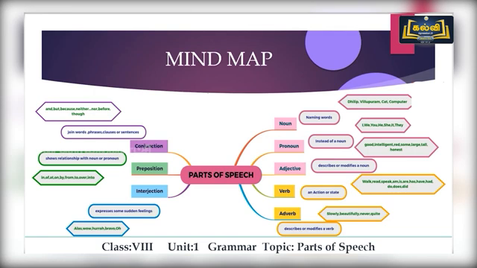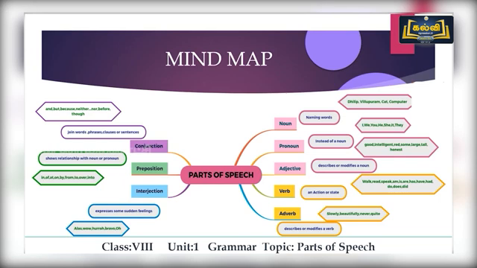Noun. Noun is a naming word. For example, Dilip, Viluppuram, cat, computer. Pronoun. Pronoun is used instead of a noun. For example, I, we, you, he, she, it, and they. And adjective.